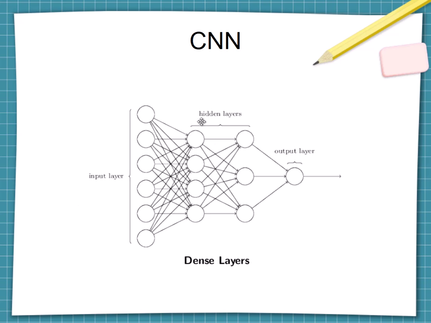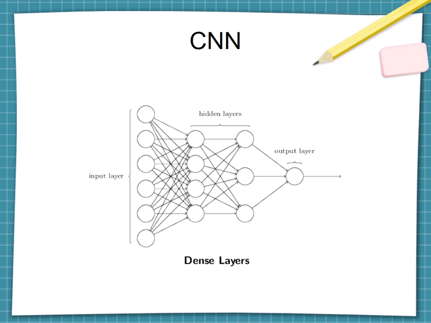We do this several times. The CNN goes through several rounds depending on the requirements of our model, so there could be multiple hidden layers to calculate these things.